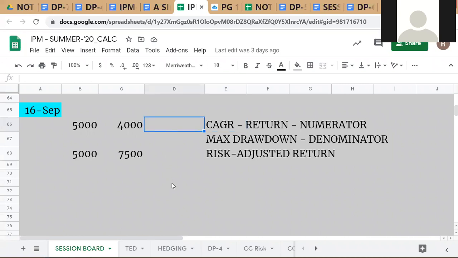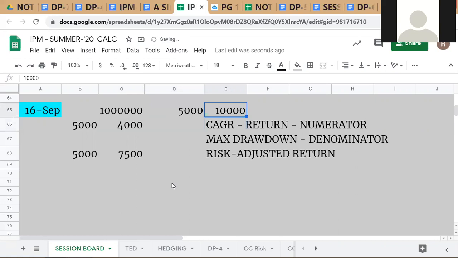No, see, it's not like good or bad or anything. Let's say this is your $1 million. Now suppose you make a profit of 5,000 at the end of the project, and your drawdown is 10,000.